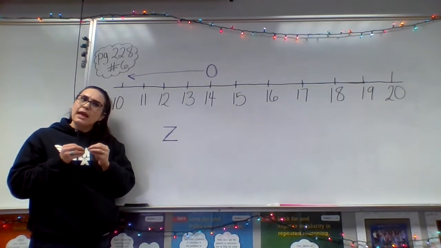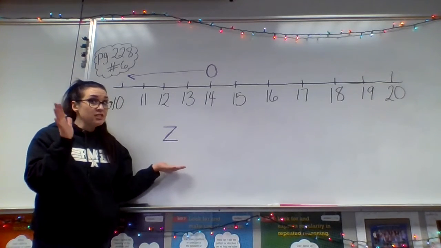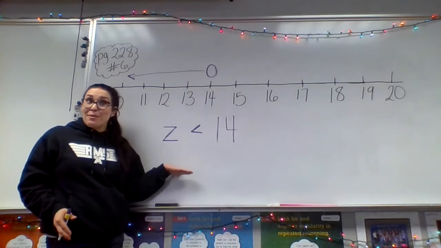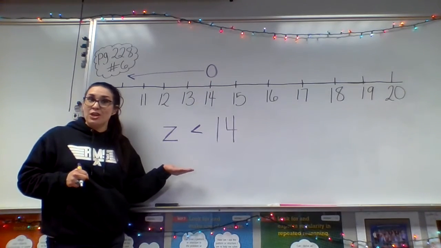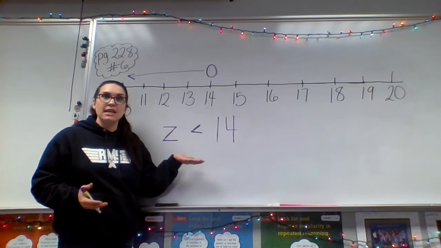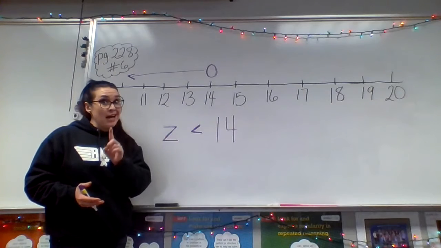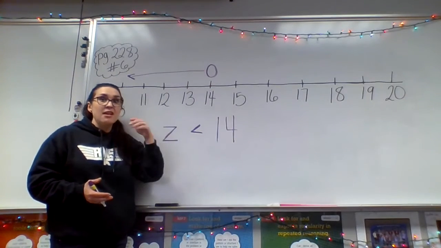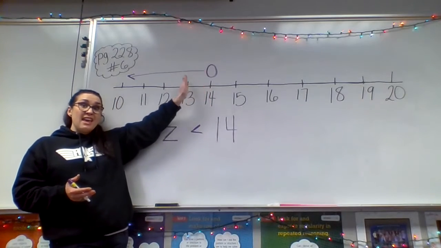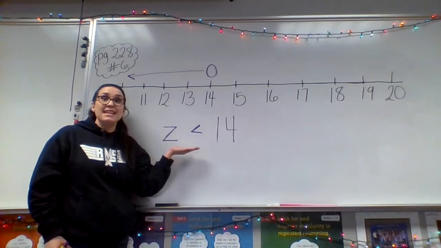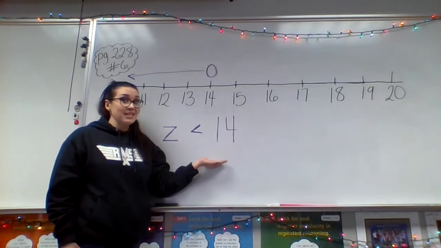So what is the relationship between z, which is our unknown, and the number 14? So my friends, this is the inequality that we can use to represent the relationship between z and 14. We know that z is not possibly 14, because our dot is not colored in, but I do know that it's getting smaller. That tells me that whatever z is, it is less than 14.